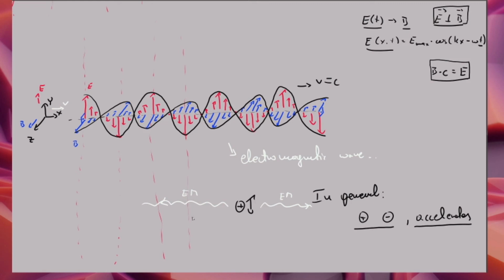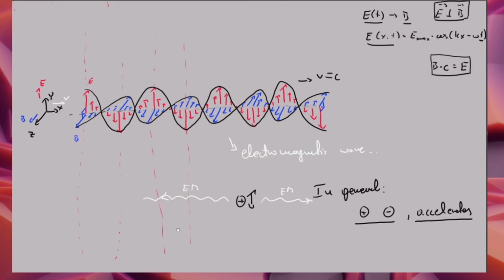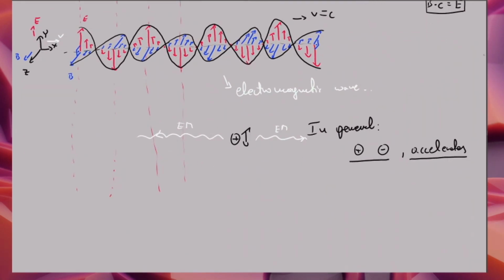I should add the following. So let me move this up. If this charge moves up and down with a certain frequency, let's say frequency F, then you will get a very specific wave that has that frequency F. If the same charge moves up and down with a different frequency, F2, then you're going to end up with an electromagnetic wave that has a different frequency.